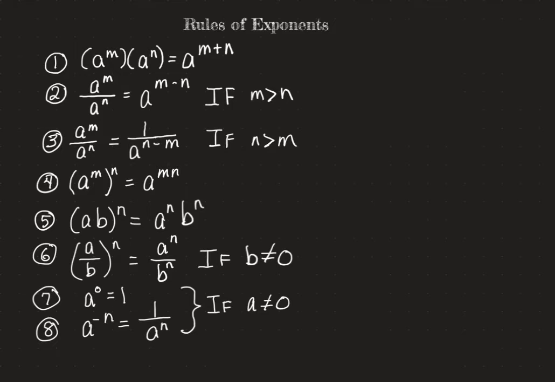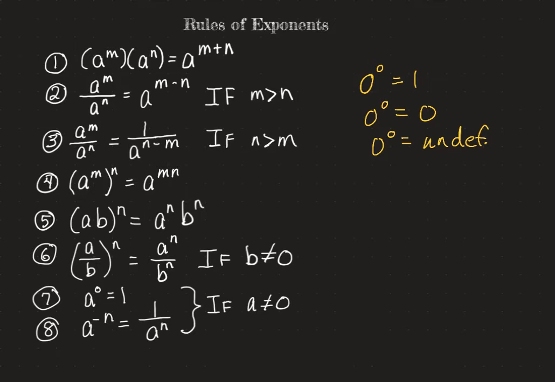But why can't we say something like 0 to the 0th power equals 1? Or maybe 0 to the 0th power equals 0. Or maybe 0 to the 0th power is undefined. Well, we're just going to not let a equal 0 because the mathematical community cannot completely agree on this either.